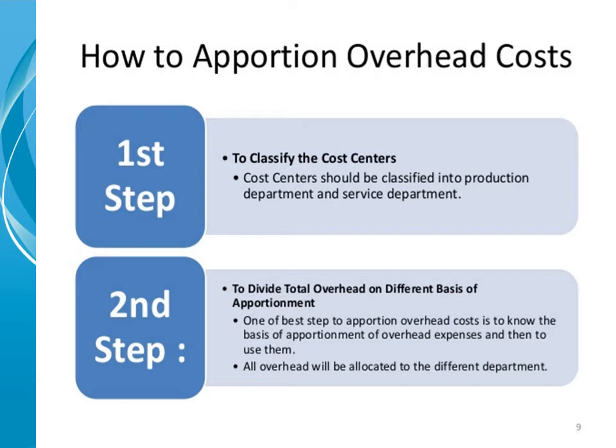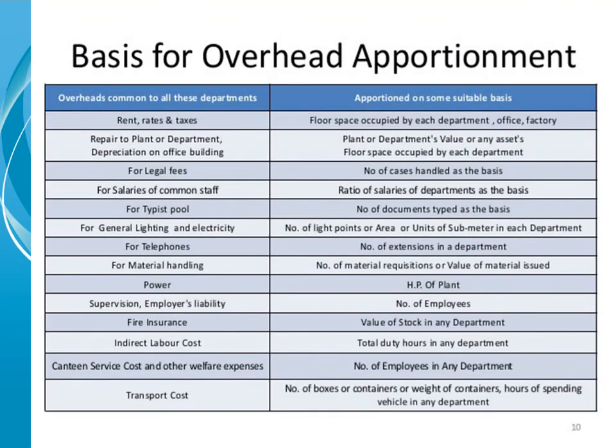For example, I told you that rent is there, we can have the floor space occupied. So this is the basis which is taken. So on some basis it is identified, then classified, and all overhead will be allocated to different departments. This is the distribution of the overhead cost and apportioning it to the cost centers.